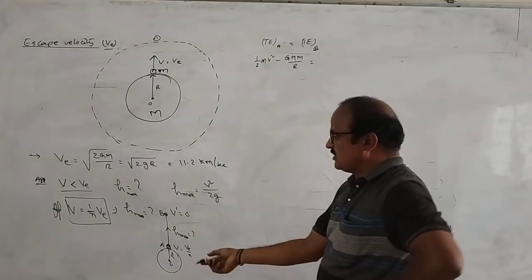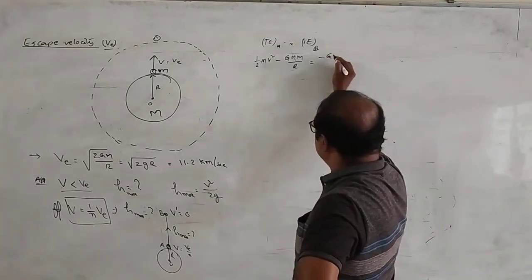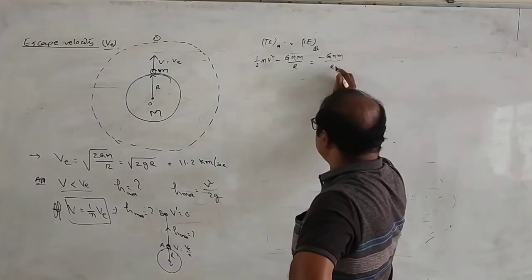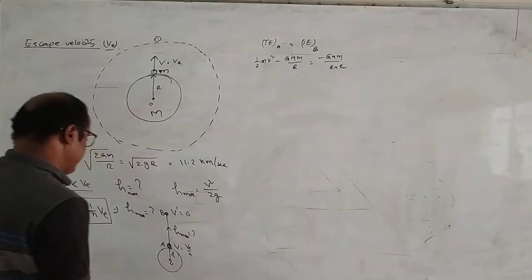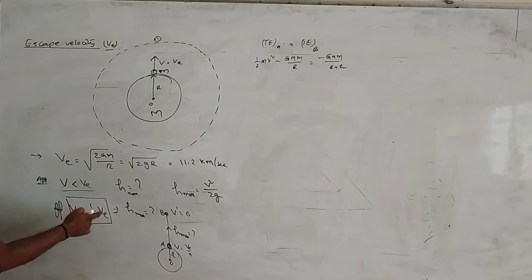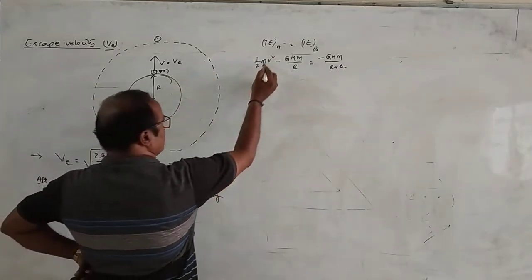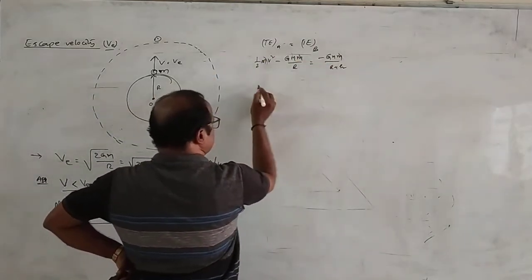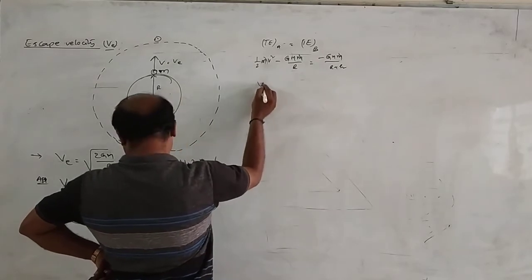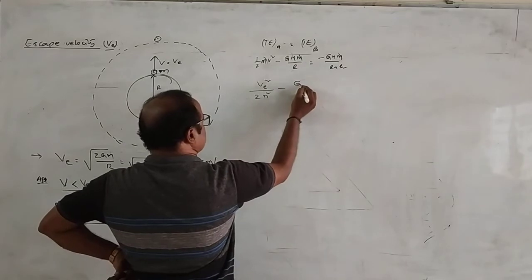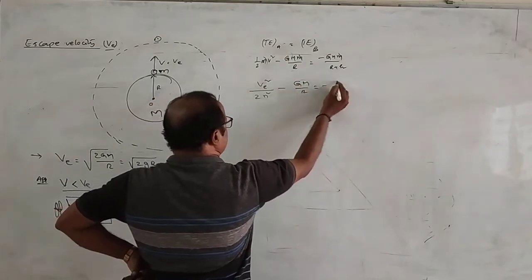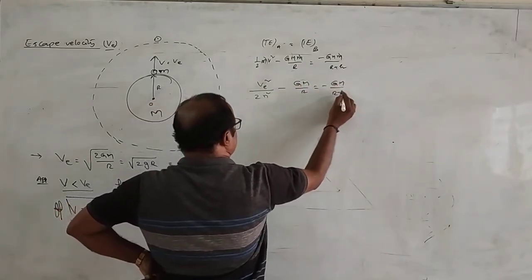At this height there is only potential energy, and that is minus GMm by r plus h. Also here v is replaced by v by n. Now small m is cancelled on both sides. Writing it out, v square by 2n square minus GM by r is equal to minus GM by r plus h.